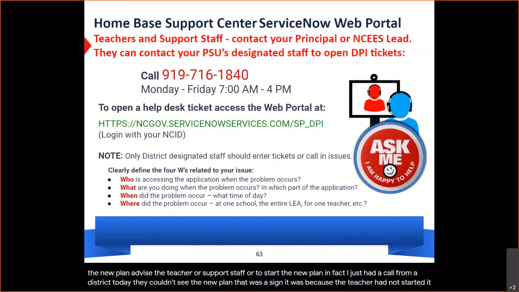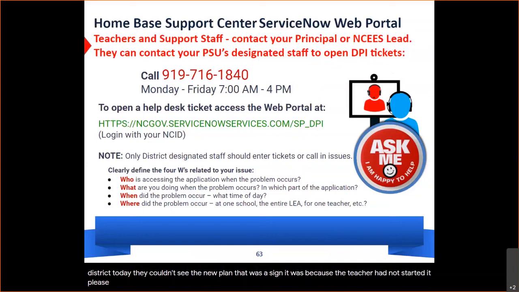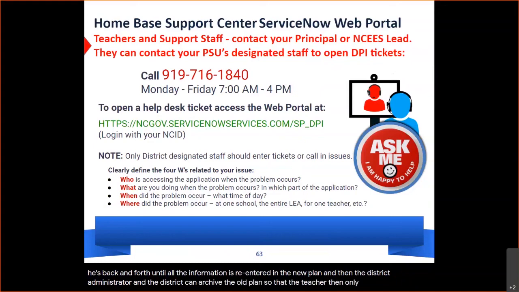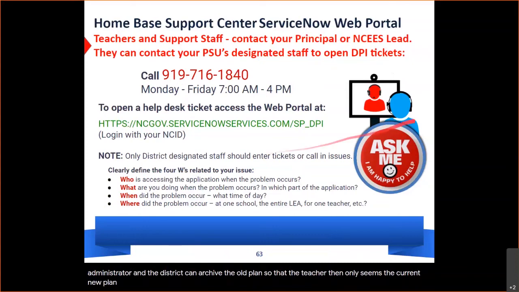Everybody can just copy and paste back and forth until all the information is re-entered in the new plan. Then the district administrator can archive the old plan so that the teacher only sees the current new plan. Okay, any other questions out there?